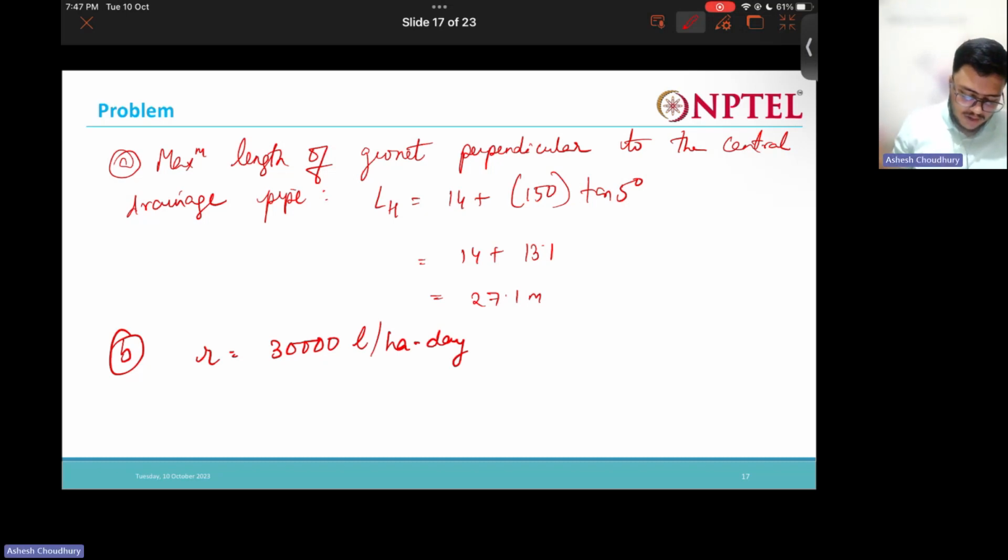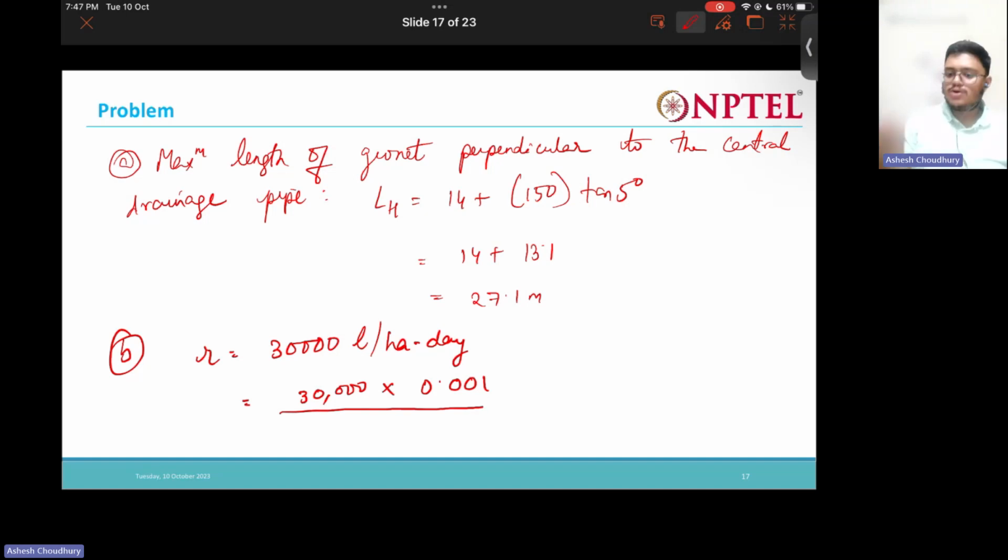Now, how to convert liter to meter cube? 1 liter is how much? 10 to the power minus 3 cubic meter.